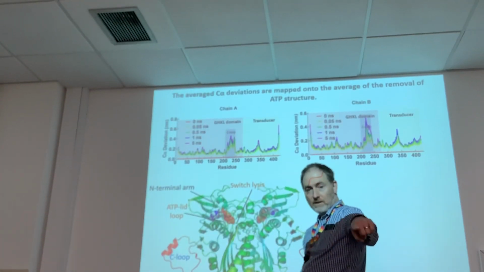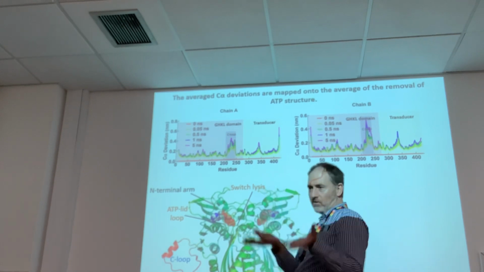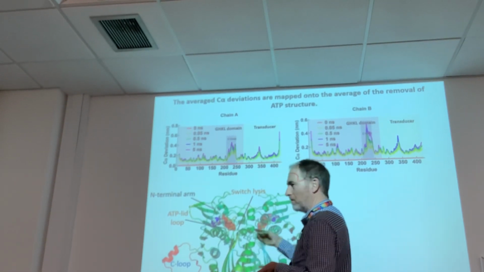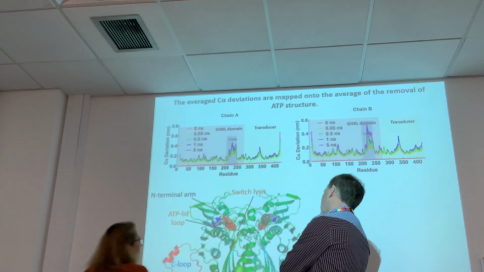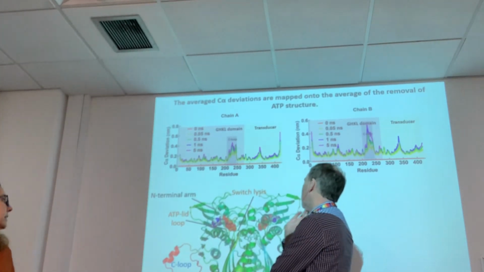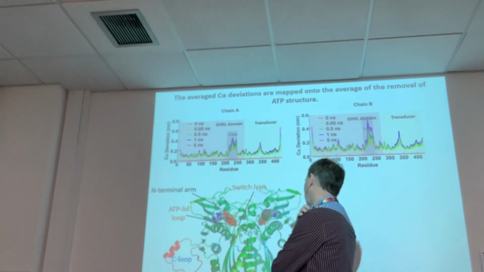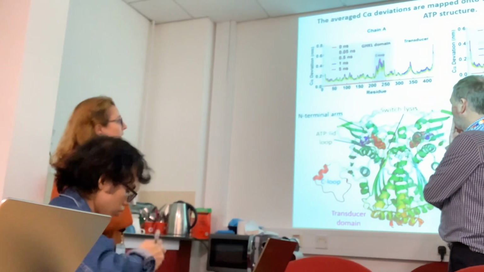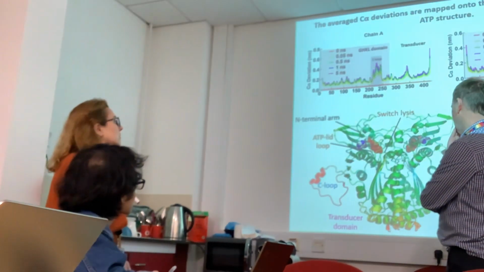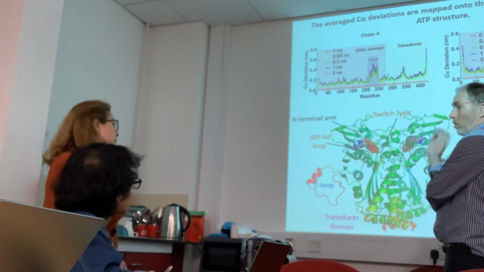In the beta-lactamase, it's external via loops. Here it seems to be internal. And it's actually interesting because it uses a lot of secondary structure motifs, which is not very common either. Most of the systems tend to use loops, but this one seems to have responses in very defined secondary structure elements. That's actually interesting.